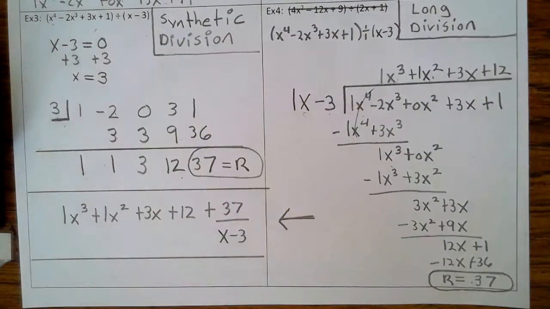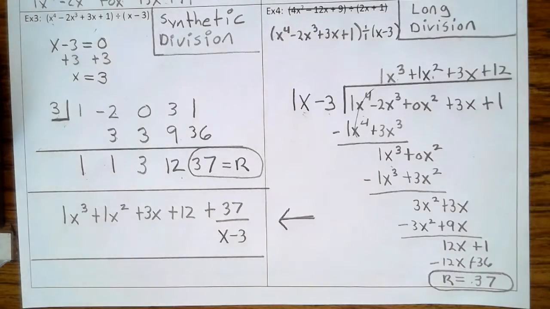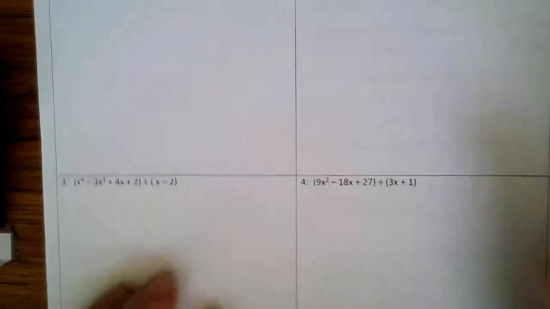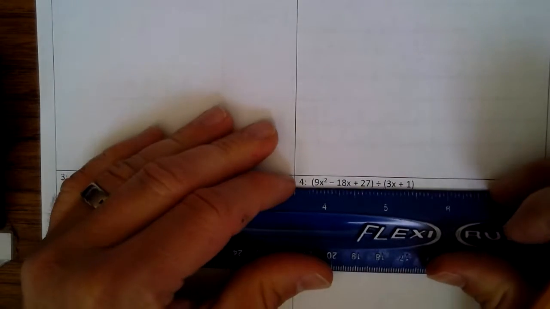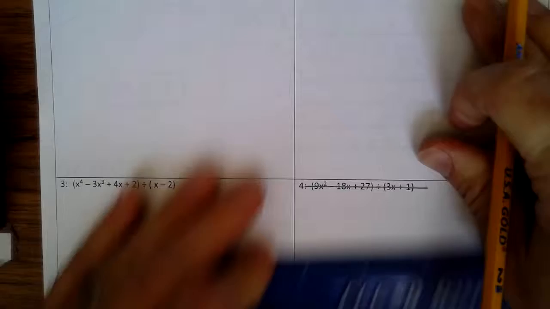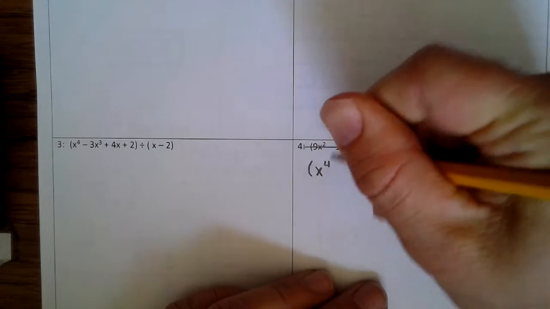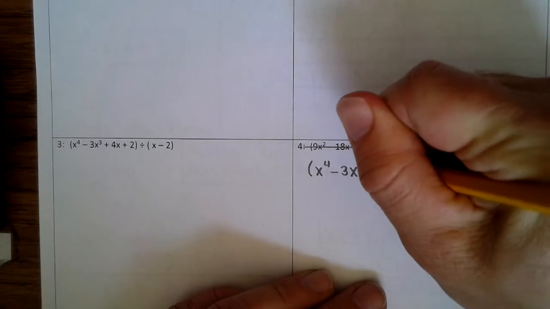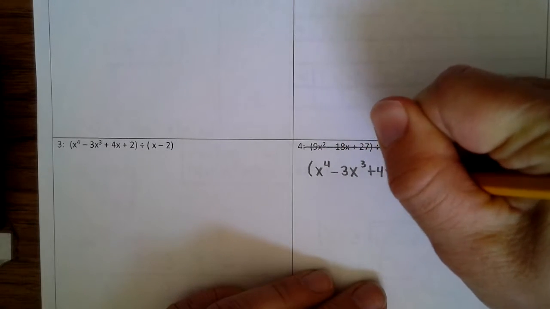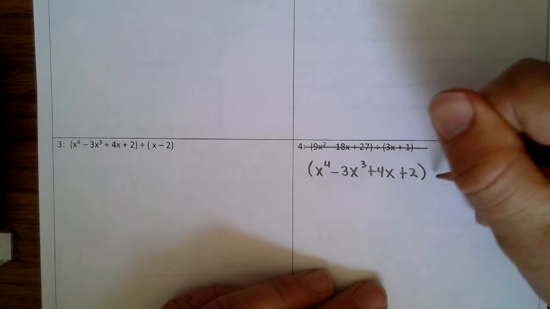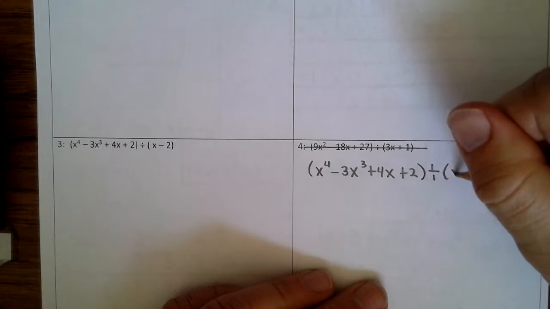All right, now we need to change the assignment since I changed the example. So if you would turn the page, let's change question number 4. Okay, we're going to change question number 4 to x to the 4th minus 3x cubed plus 4x plus 2 divided by x minus 2. Now number 3, I want to use synthetic division.